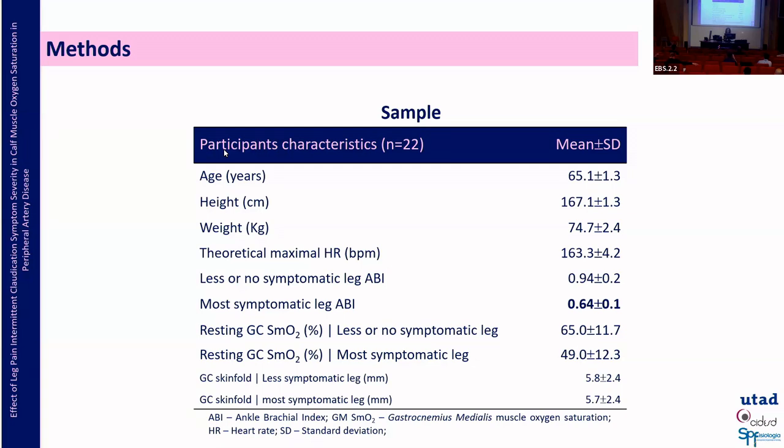They were not currently exercising, and so they were recruited for the study. Important to say that the most symptomatic leg ankle brachial index was 0.64, and for considering participants with disease, the level of ankle brachial index should be lower than 0.9. So they have moderate disease.